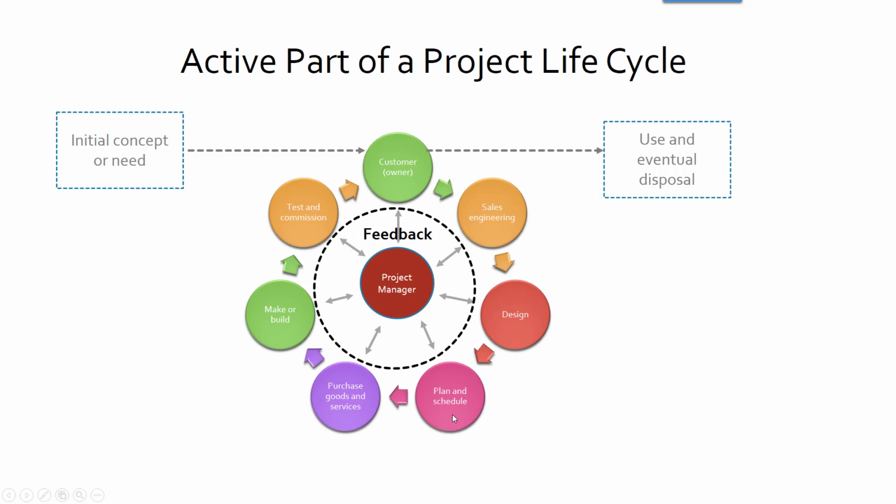This can certainly affect. And notice in every one of these, the project manager is the central person. And there's feedback going back and forth to each part of this entity, right? So they have to be involved at every step.